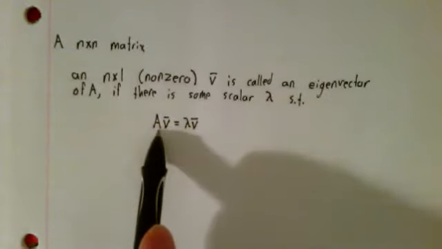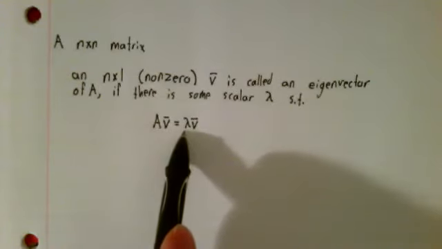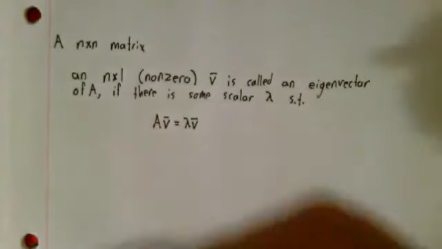So this multiplication by a matrix is the same as multiplication by a scalar.